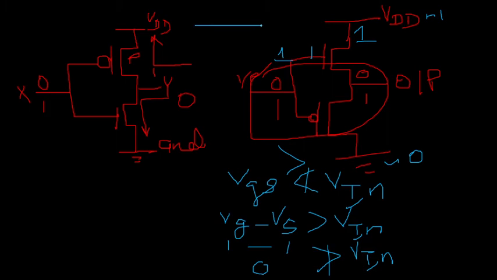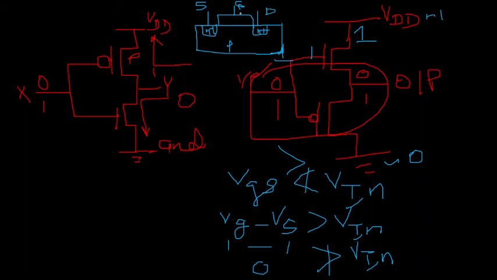Now let us first understand what threshold voltage is. Threshold voltage is the voltage which is used to create the channel. So this is your NMOS structure having a p-type substrate, and here you have N plus as the doping. If you have any confusion in this structure, you can refer to my NMOS fabrication video. Here, this is your gate, this is the source, and this is the drain.